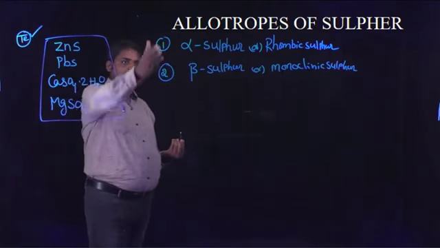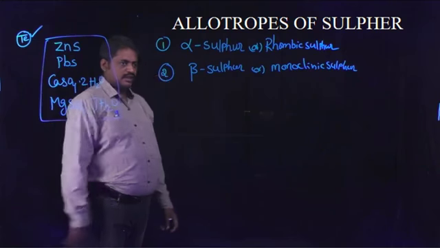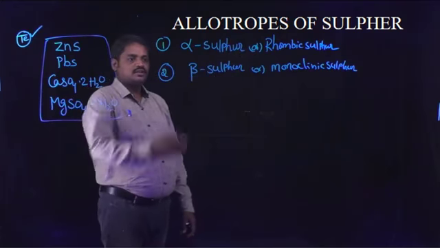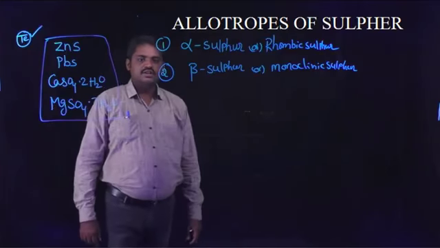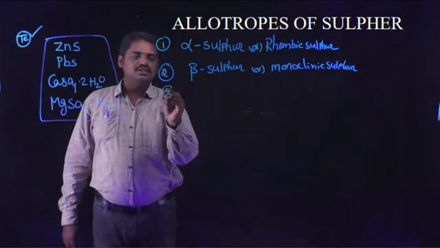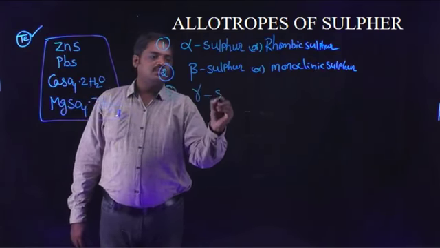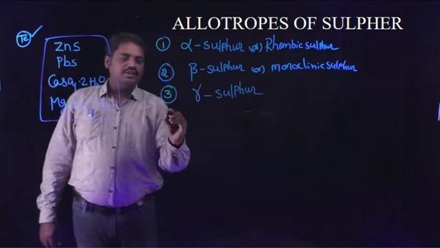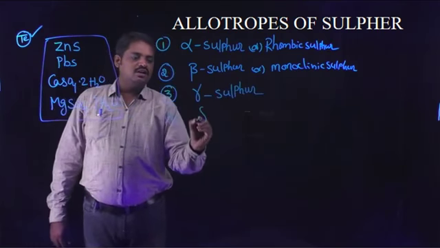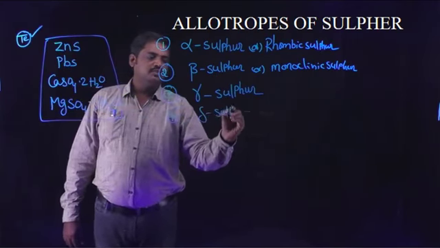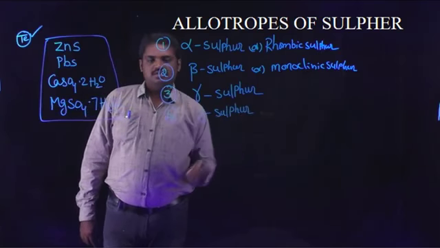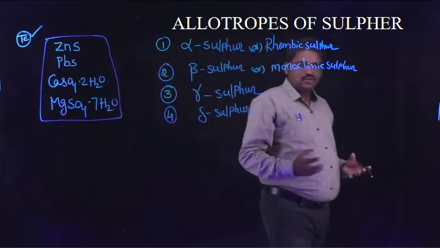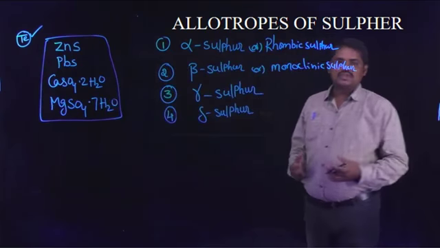The third one is gamma sulfur. The fourth one is delta sulfur. These are the different forms of allotropes of sulfur.